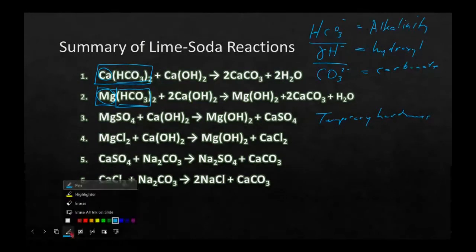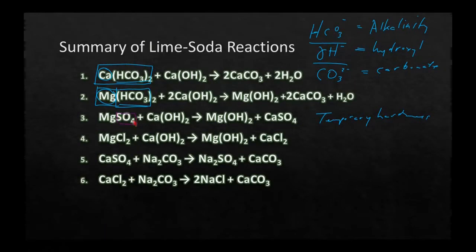Now, then we also got some other hardnesses here. So we've got sulfate ions, we've got chloride ions. And those anions are a permanent hardness, which means that they do form scale, but they precipitate and form scale at higher temperature, greater than 100 degrees Celsius.